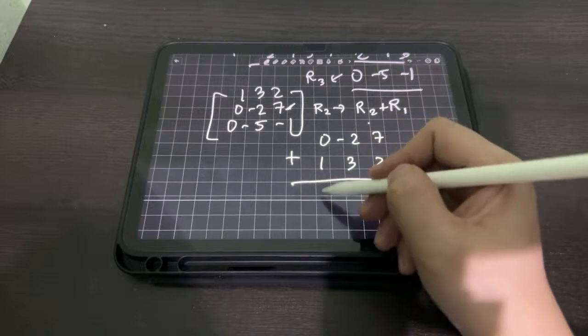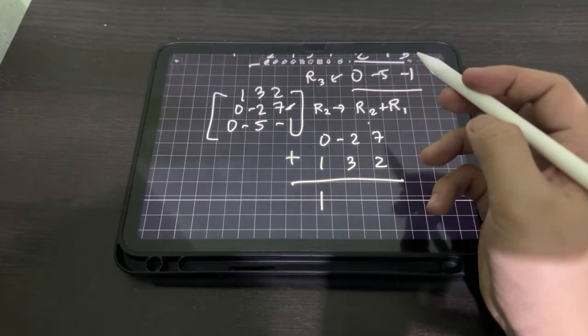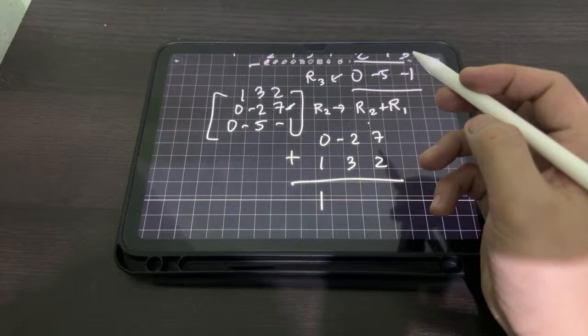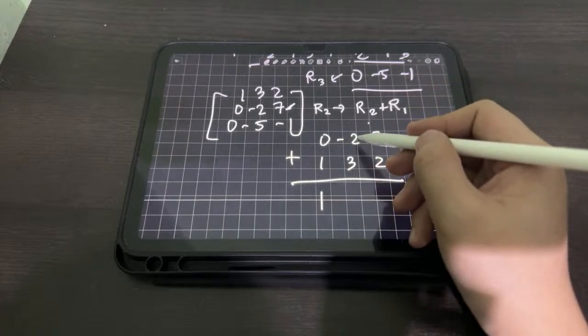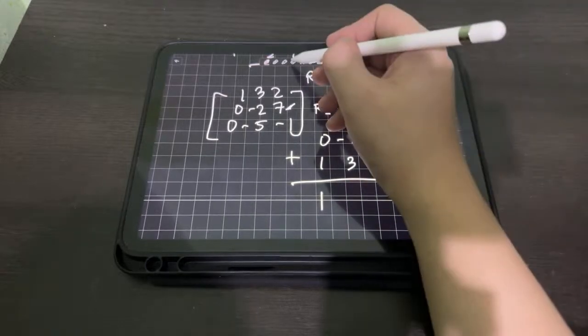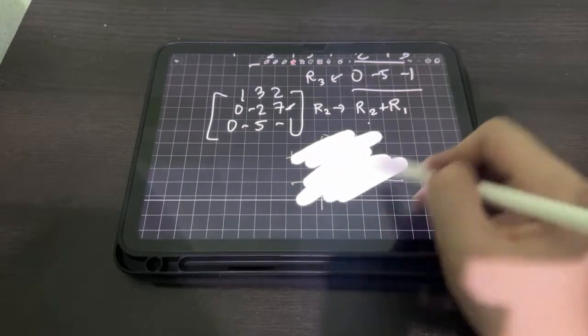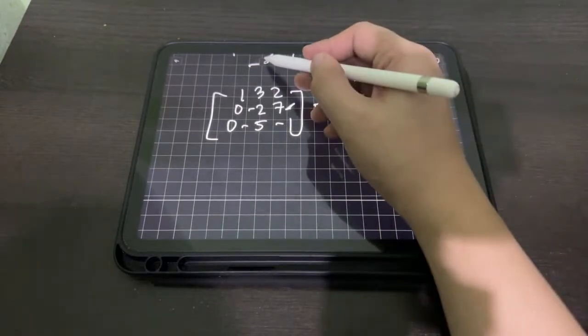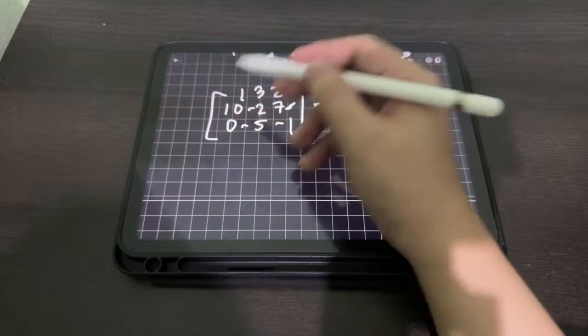Okay, so 0 plus 1, 1. Then -2, or actually it's not useful because we will change this entry to 1.